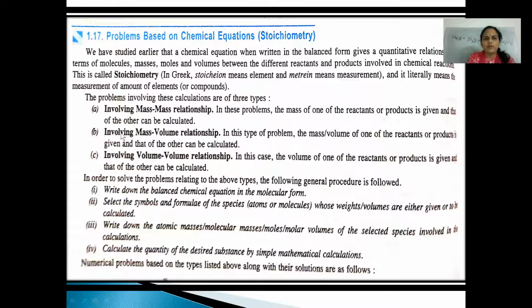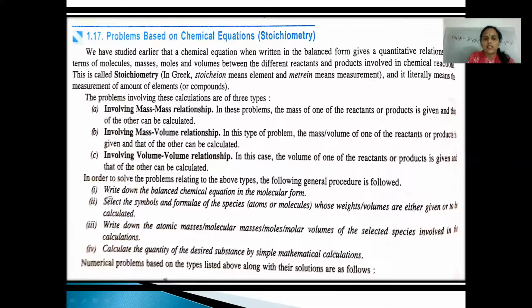Similarly, the second is involving mass-volume relations, where the mass or volume of one of the reactants or products is given, and that of the other you need to calculate. And the third is of the type involving volume-volume relationship. In this case, the volume of one of the reactants or products is given, and that of the other you need to calculate.